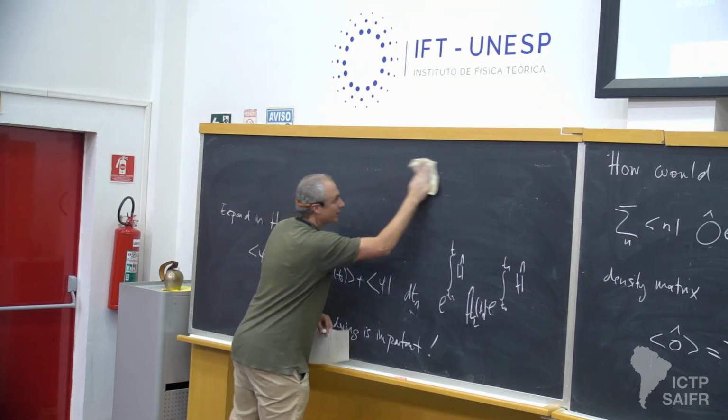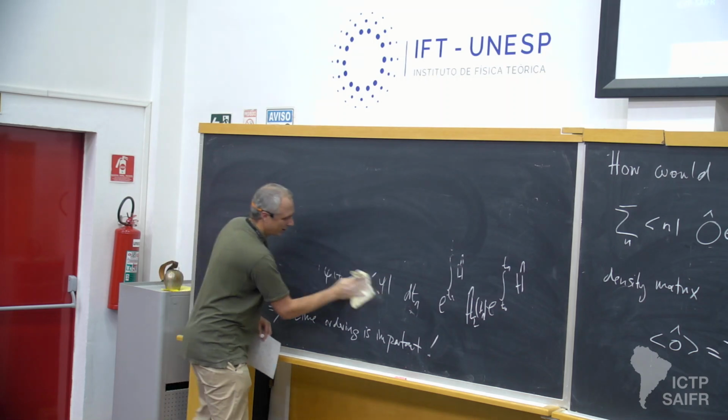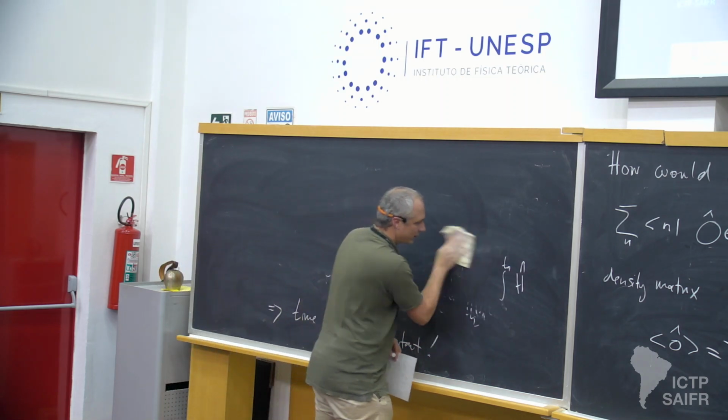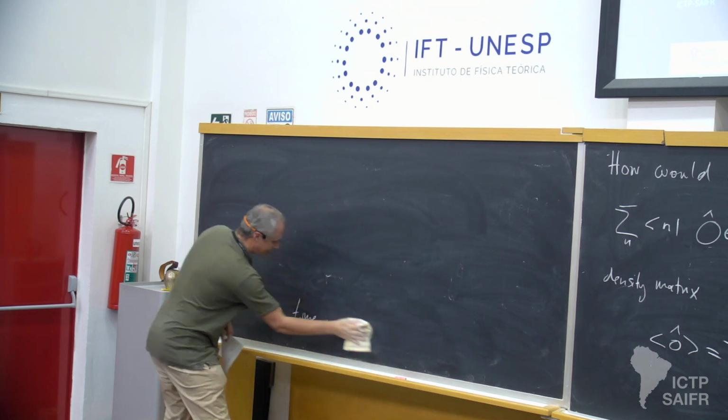So I know initially this is hard to swallow and to digest. So one has to think a bit about it, that this really makes sense. But that's factually the outcome.